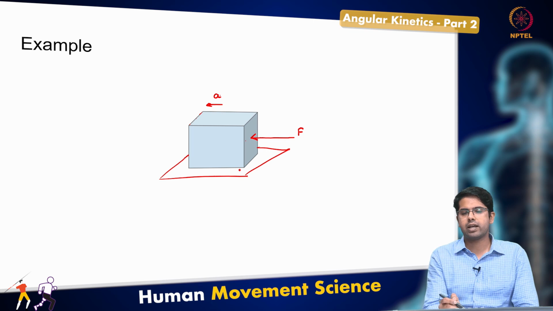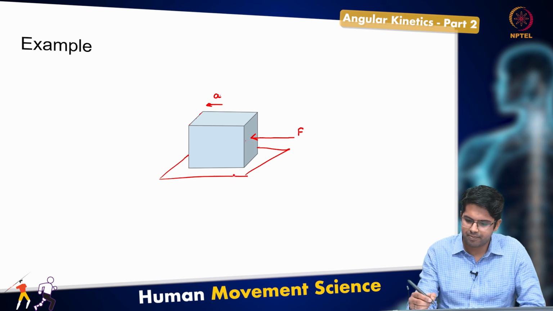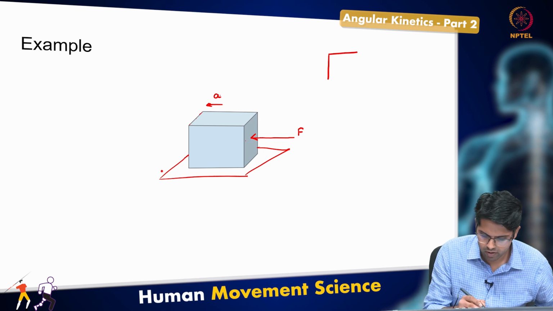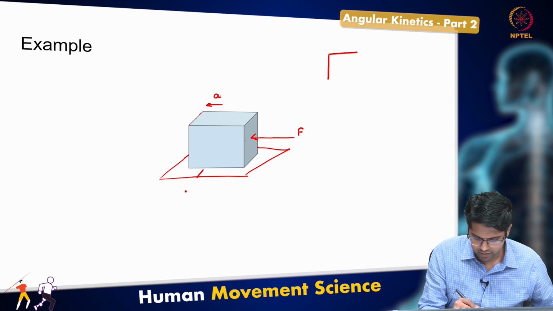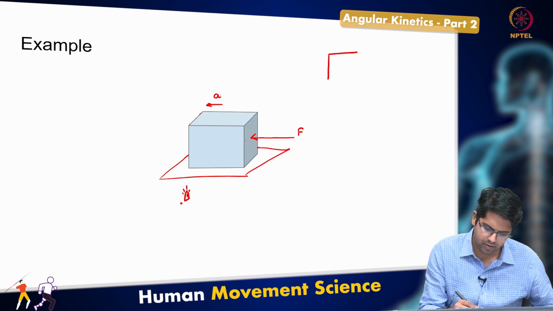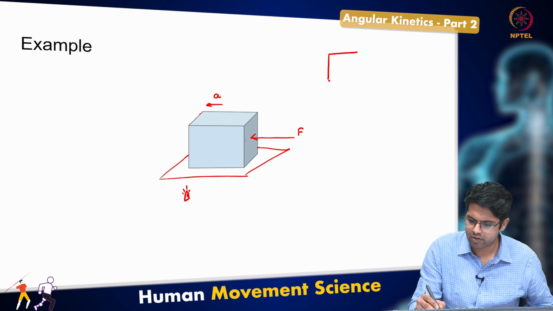So I can draw a free body diagram by looking at it from this perspective here, right? So I can say I see this box.